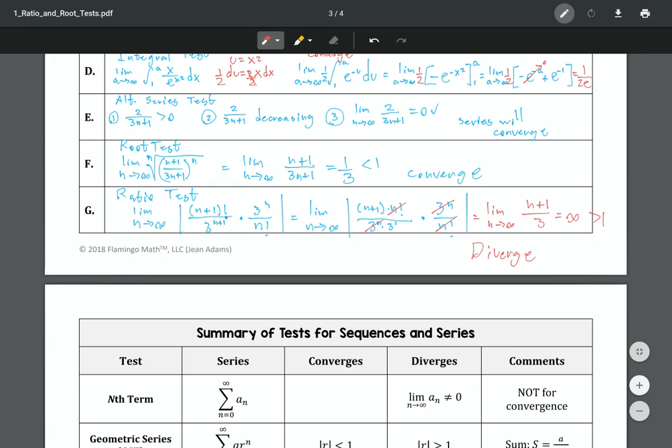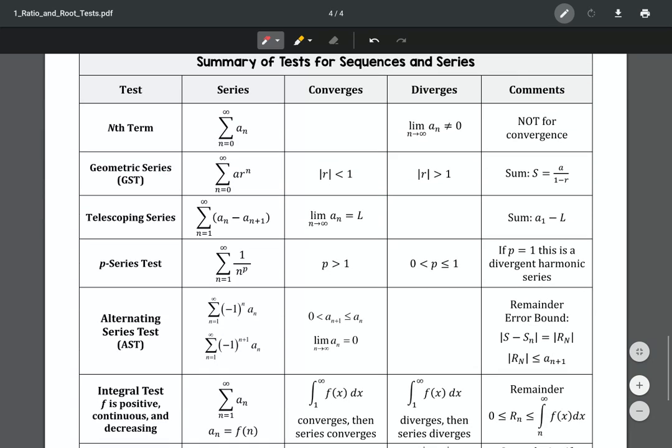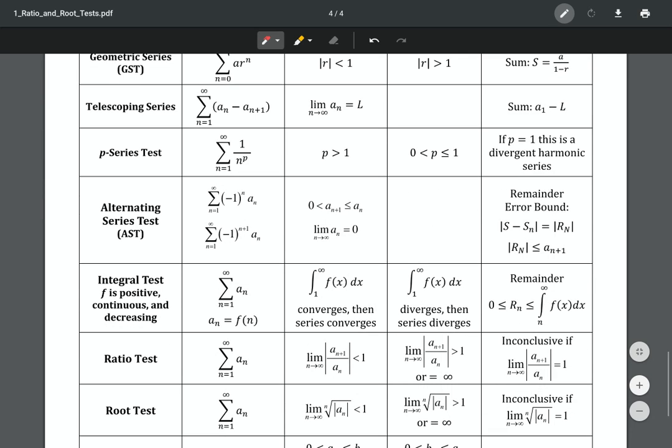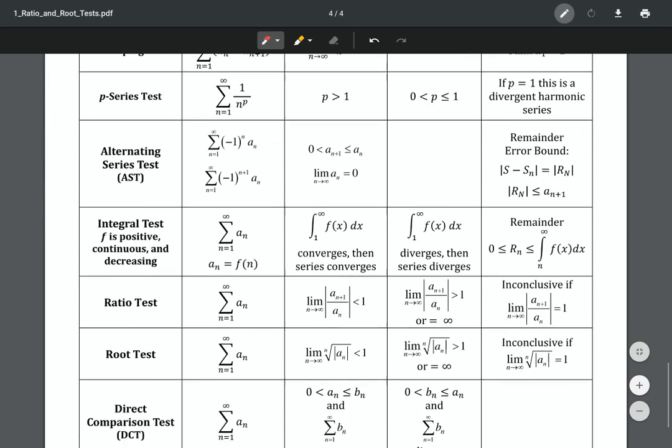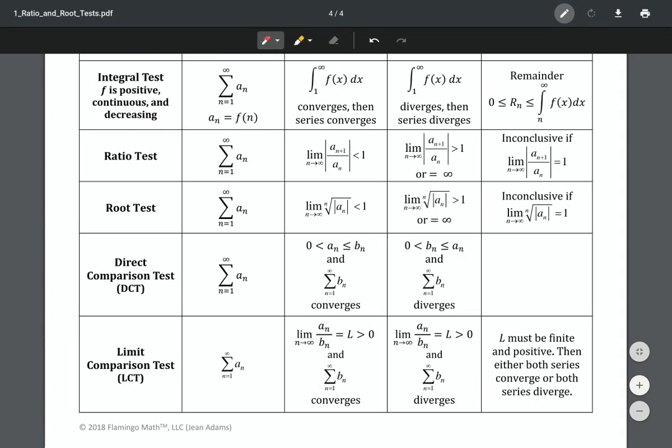Now, the next page on there just has a summary of tests for sequences and series. Some of it I find helpful, some of it not so much, because they have so much algebraic calculus jargon that it's kind of hard to follow sometimes.